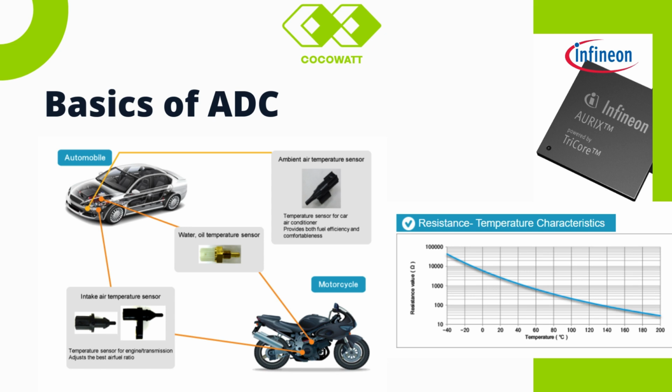Now if you connect to some external circuit, this behavior you can simulate to vary the voltage levels. So now when the temperature is varied, resistance will vary. With respect to that, the voltage levels will also vary. Our microcontroller is able to read the voltage variation. With that, we'll calculate the temperature value in our microcontroller.